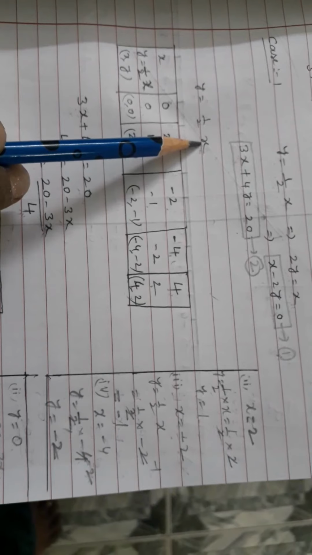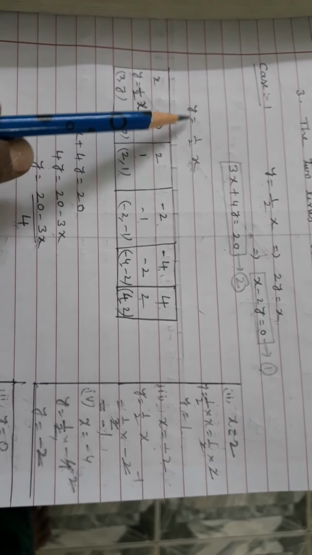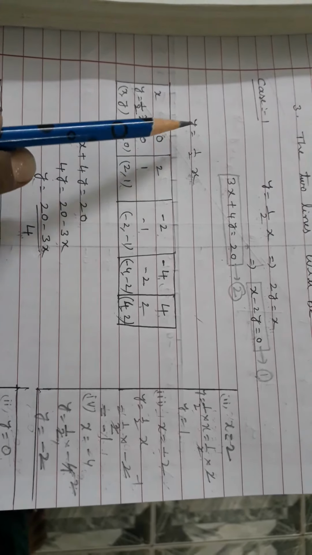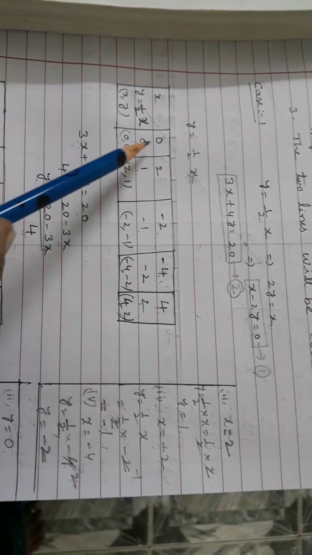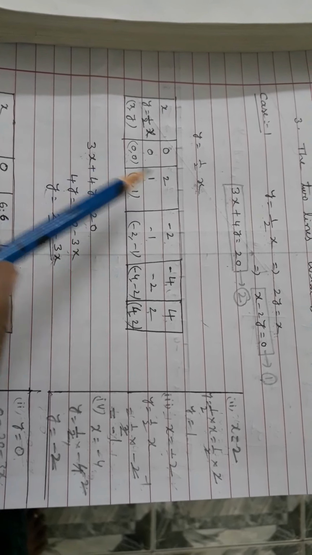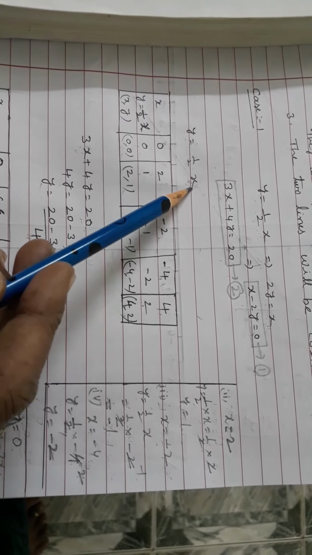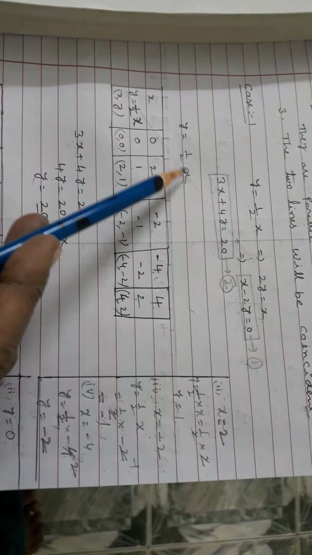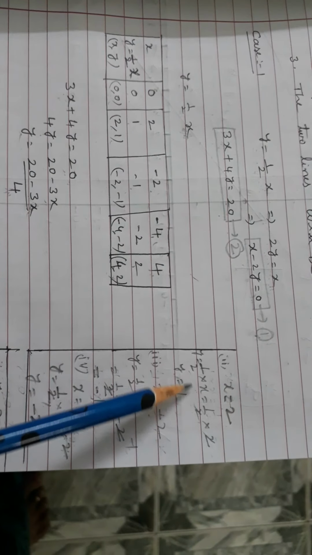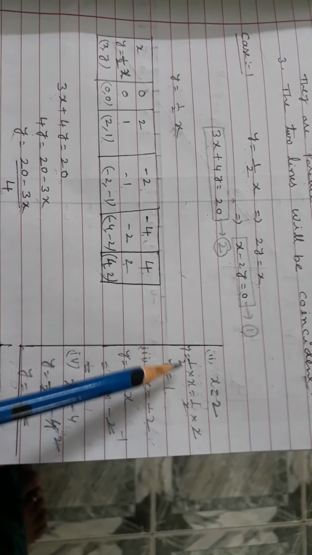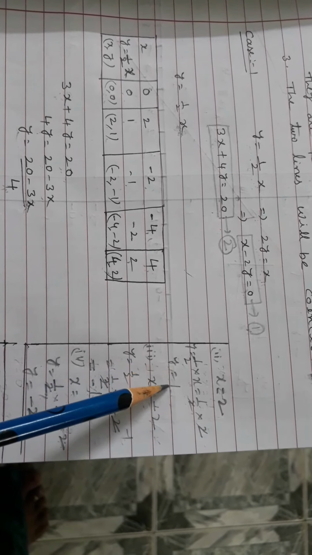If x is equal to 0, then what is the value of y? y is 1 by 2 into 0, that is 0. So the ordered pair is 0 comma 0. Then x is equal to 2. Then y is equal to 1 by 2 into 2, the 2s cancel, y is equal to 1.